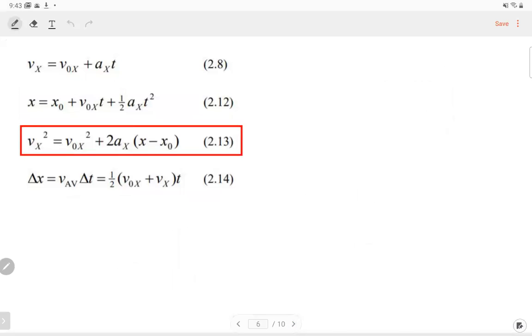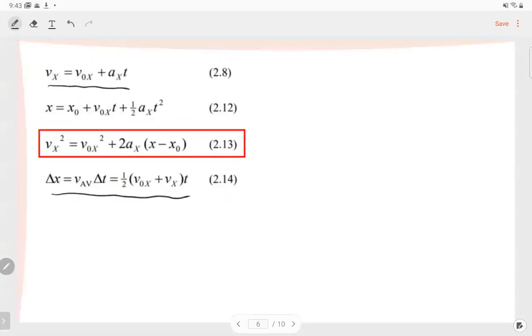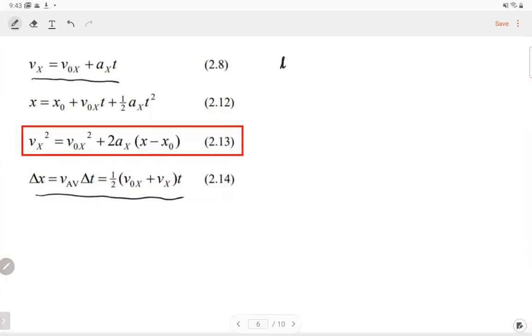The next one I'm going to talk about is the third equation. The third equation says if we don't know time, can we get the relationship between the velocity, acceleration, and displacement? The same thing, we are going to use the first equation and the last equation. We're going to replace time. So from the first equation, we know the time equals the final velocity minus the initial velocity, divided by acceleration.